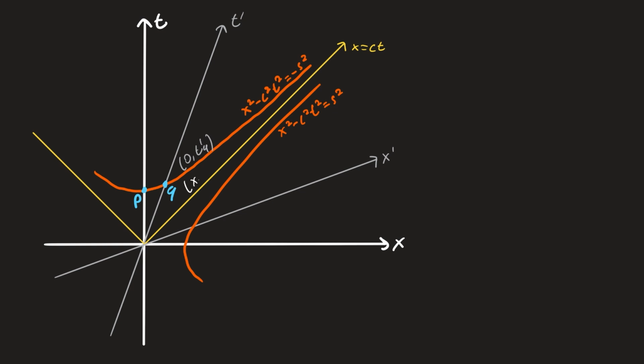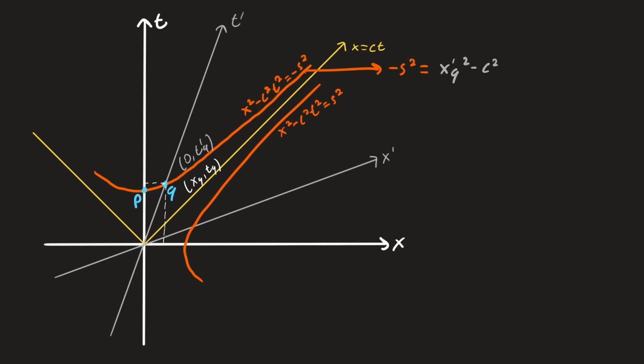So the point Q has coordinates 0 and t prime q for the primed observer, and then xq and tq for the unprimed observer. Well, both sets of coordinates are on the same hyperbola, so we can go ahead and write down the minus s squared equation and set them equal to each other.